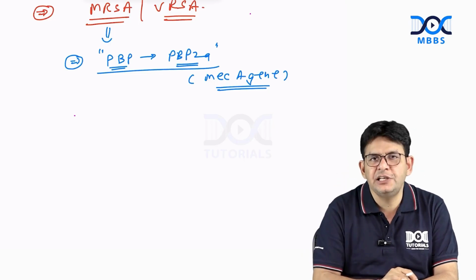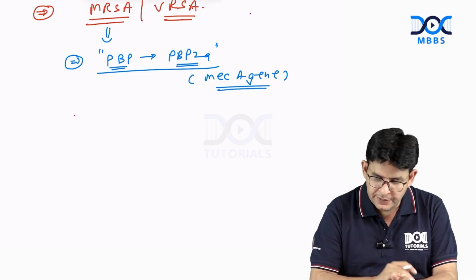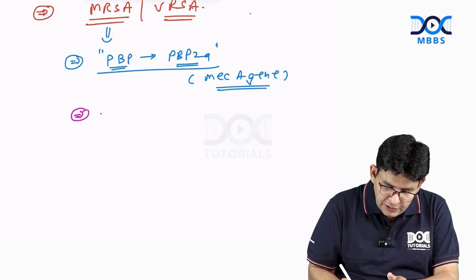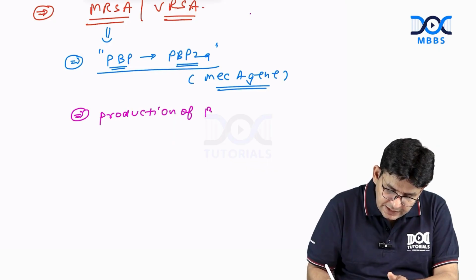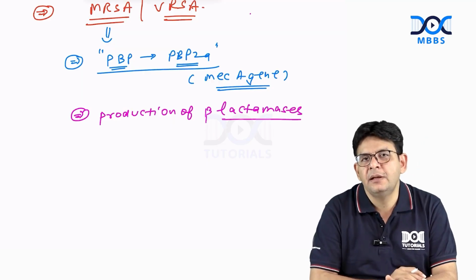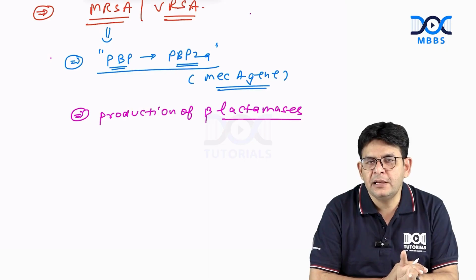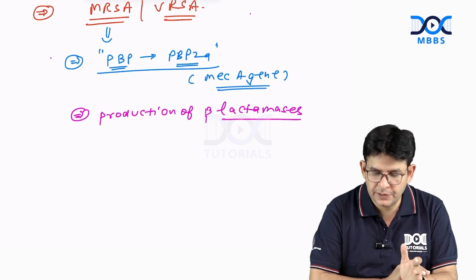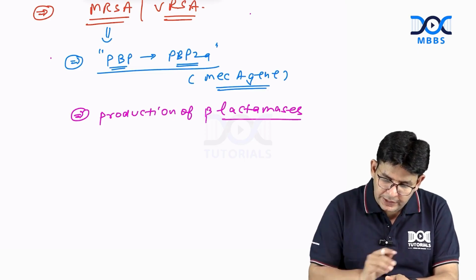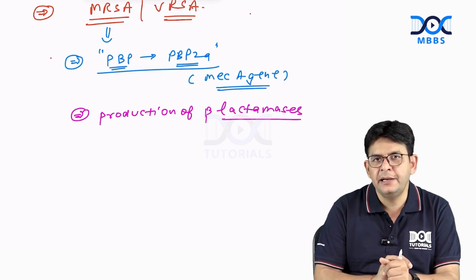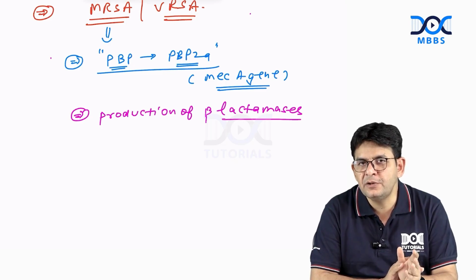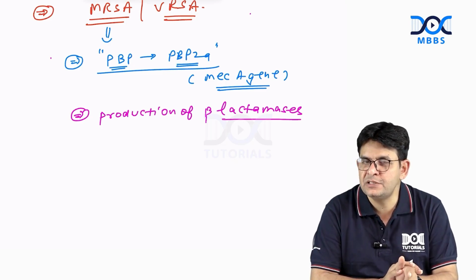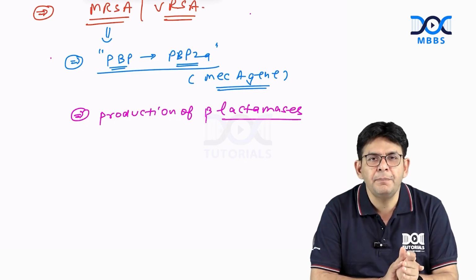Besides this mecA gene, which changes PBP to PBP2A, there is production of beta lactamases, certain enzymes which act on the beta lactam ring and contribute in making a simple Staph aureus MRSA. Now the story behind it is that the PBP, to which the penicillin group comes and attaches and inhibits cell wall synthesis, is changed into PBP2A.